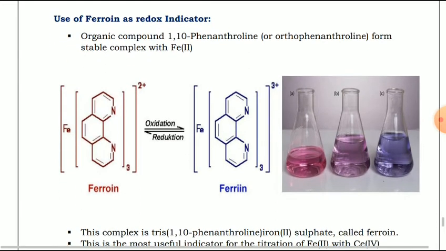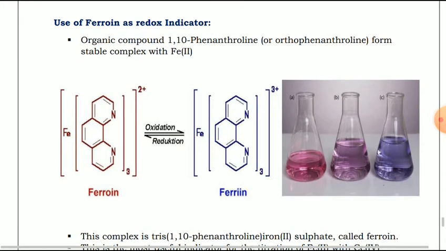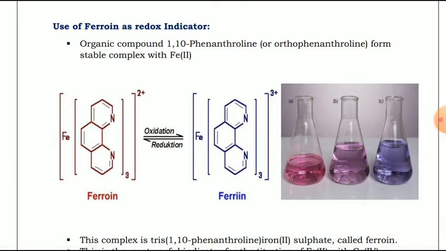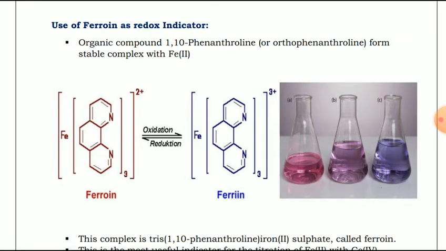Now this complex, its IUPAC nomenclature is what? Tris, why tris? 3 times 1,10 phenanthroline. That's why tris(1,10-phenanthroline) iron(II) sulfate, called ferroin. Why sulfate? Because there is not only ferrous solution here, there is ferrous sulfate we have taken.